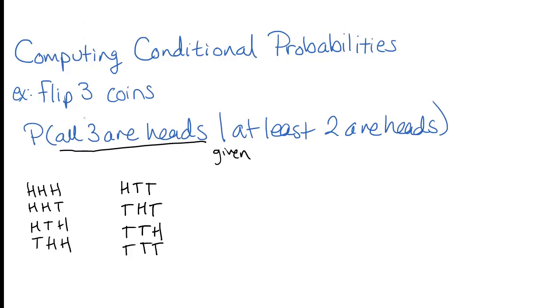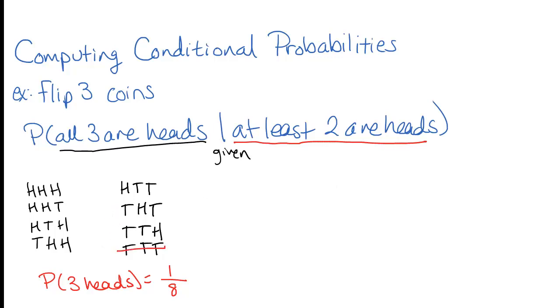So before, when we did probabilities, say we just wanted the probability of 3 heads, we would just look at, well, how many ways can you get 3 heads? Well, that's just one way, out of the total. And if you list out all the possibilities here, there are 8 possible outcomes. But in this case, we're given that at least 2 are heads, which means that several of these possible outcomes are no longer possible.